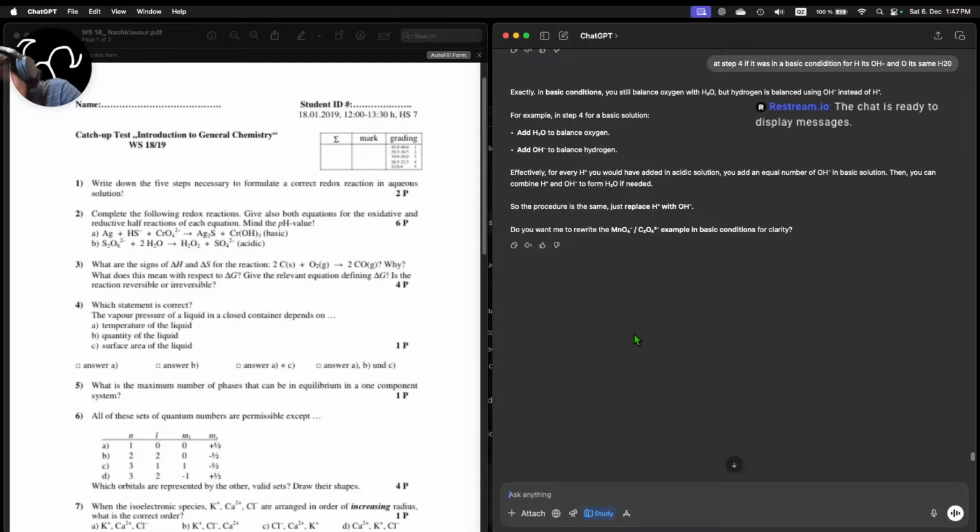So we have more oxygen on the left. So MnO4 minus to Mn2 plus, plus how many oxygen? 4H2O plus 8H plus.